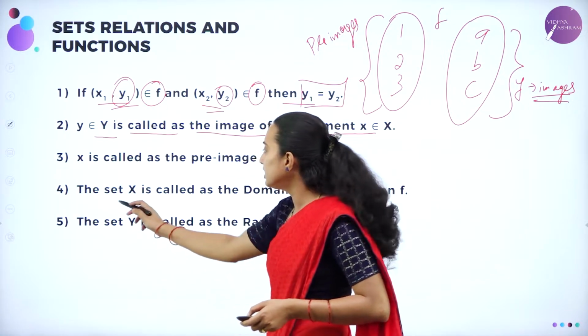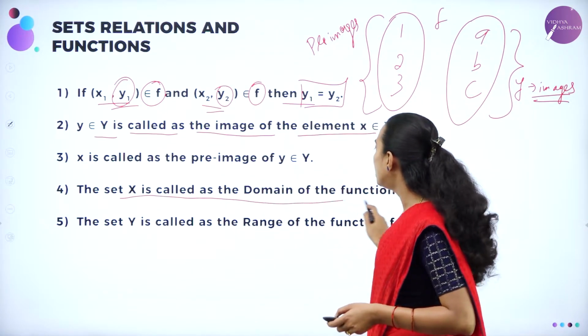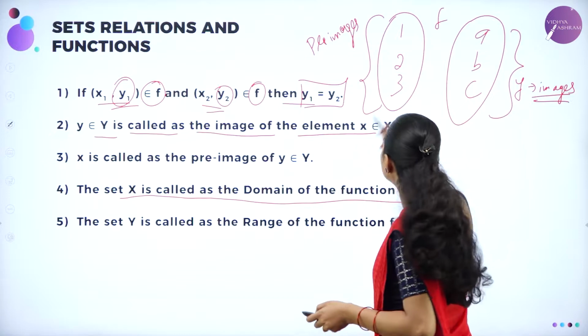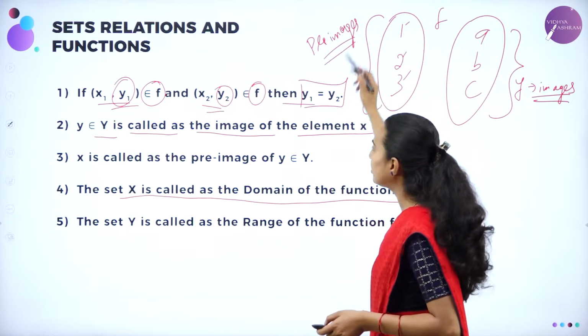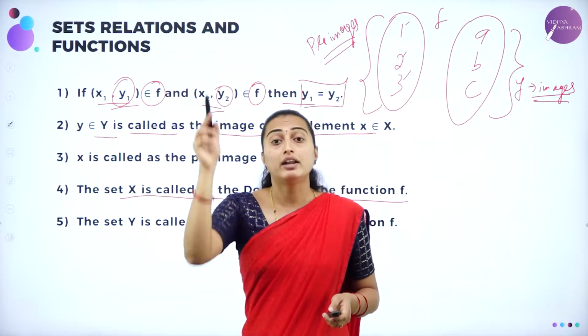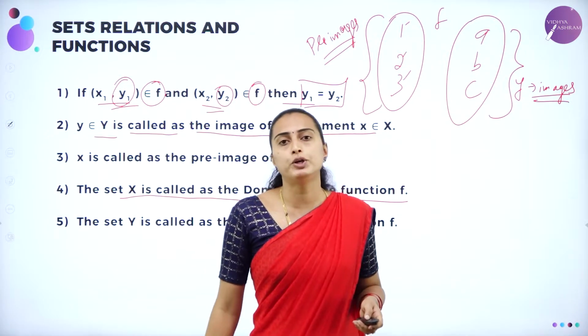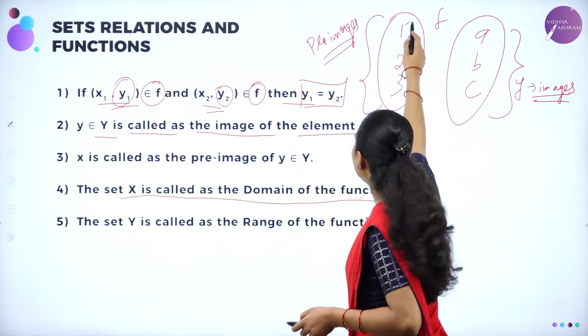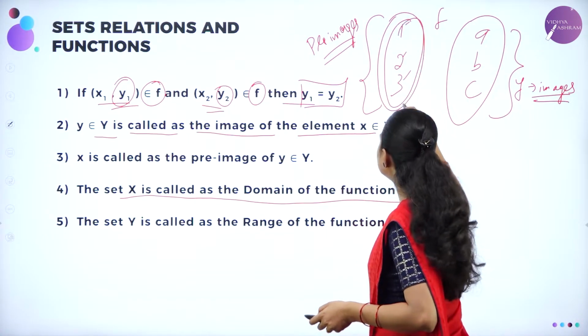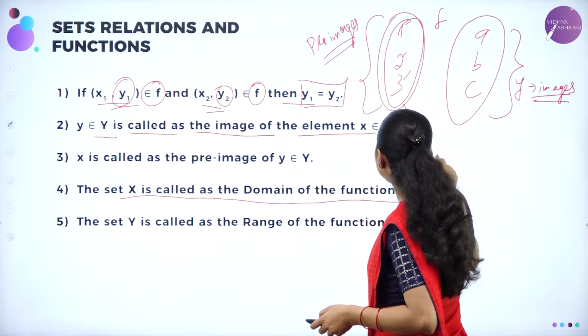Okay, so here set X is called the domain of the function. The whole set, each element is known as a pre-image, and the whole set X is known as the domain set. Understood?